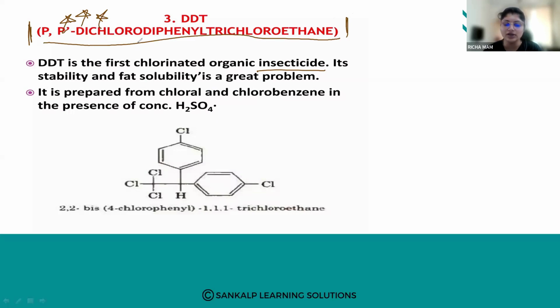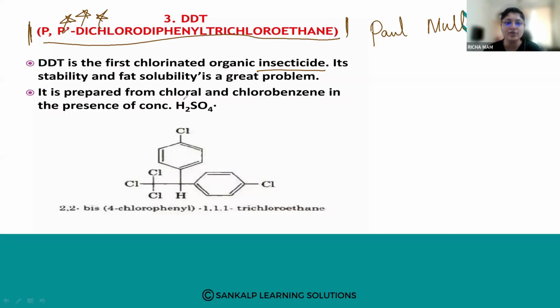You have to write p,p'-dichlorodiphenyltrichloroethane. It is the first chlorinated organic insecticide, and it was discovered by Paul Muller. These are the important points.